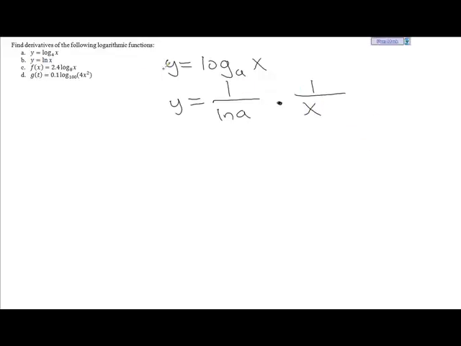So this can be extended if what's in place of x is a function, y equals log base a of u, then the derivative is going to be u prime times 1 over the natural log of a times 1 over u.